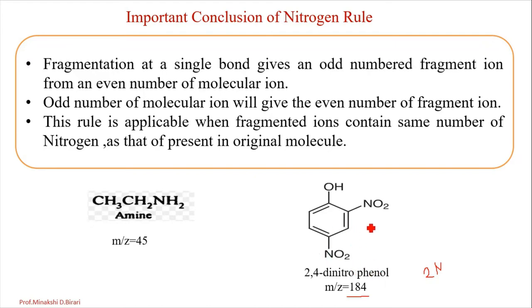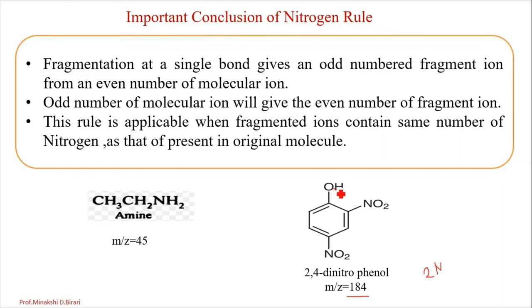But if we consider the fragmentation of 2,4-dinitrophenol, how does the cleavage occur? First of all, a beam of energetic electrons is bombarded on this molecule, and there is cleavage of this bond.